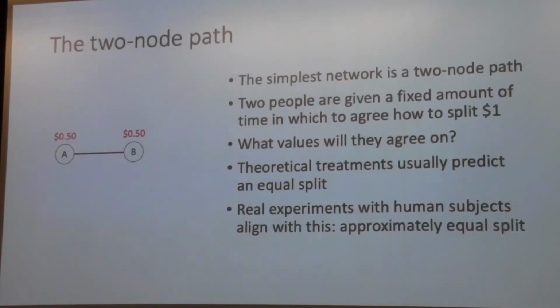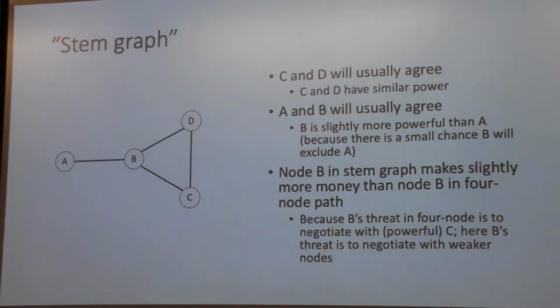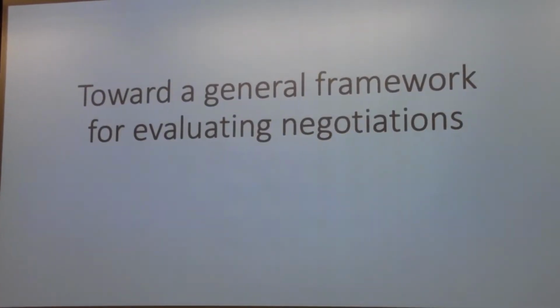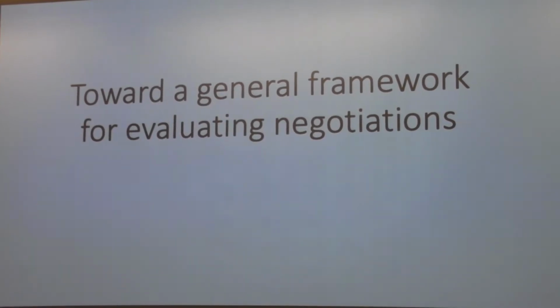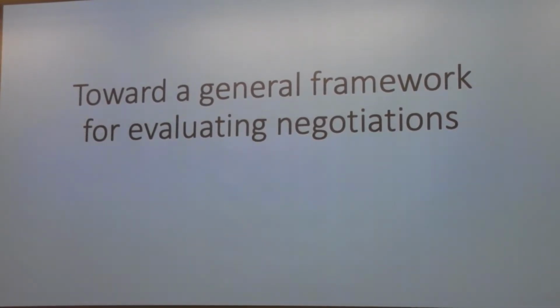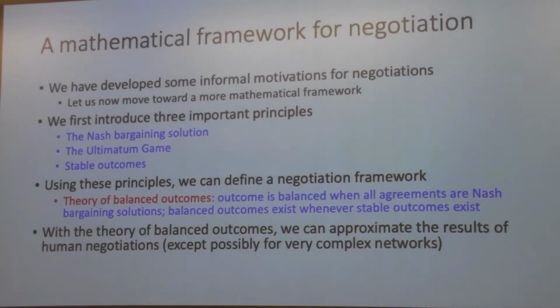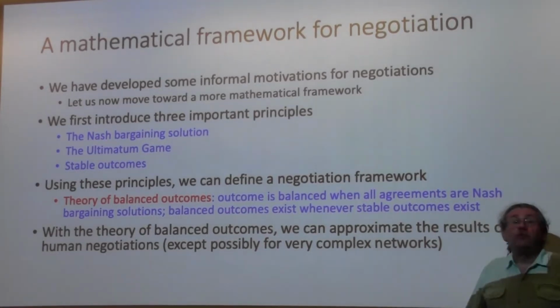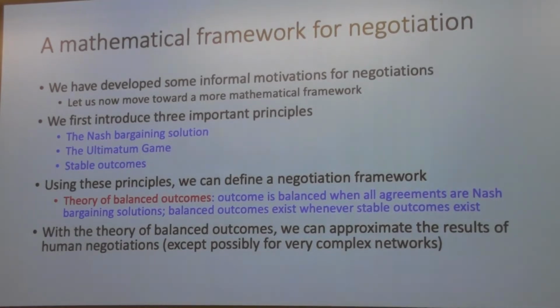This was experimented on, which I will not repeat. But I want to explain now a general framework. How do you negotiate on this kind of network in general? How do you theoretically analyze it? We're going to present a formal mathematical framework that seems to be the way that rational beings negotiate in real life.